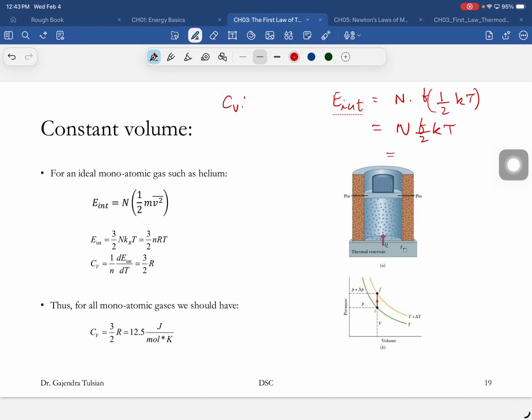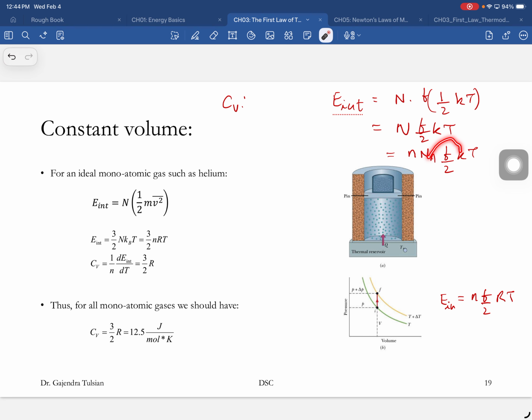And N, the number of molecules, is the number of moles times Avogadro's number, times F/2 kT. And Avogadro's number times k is equal to R. So the internal energy of a gas is n times F/2 RT. This times that is R.